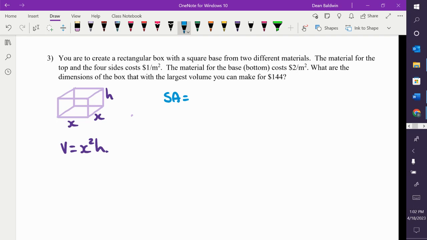So what is the area of all four sides? What's the area of one side, like this side right here? X times h. And there's four of those sides. Does everybody agree with that? Yeah. So we can go.